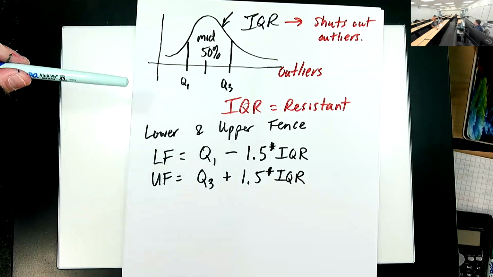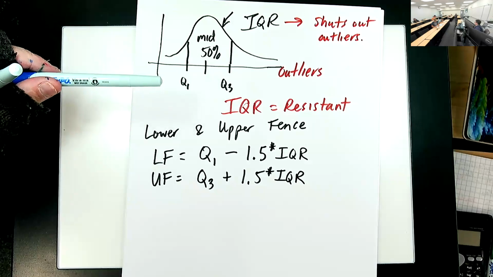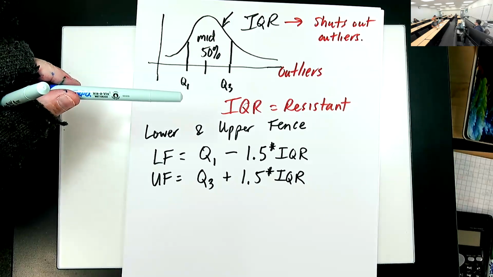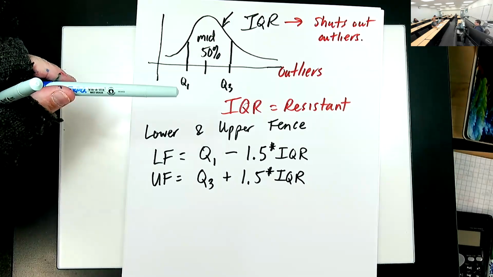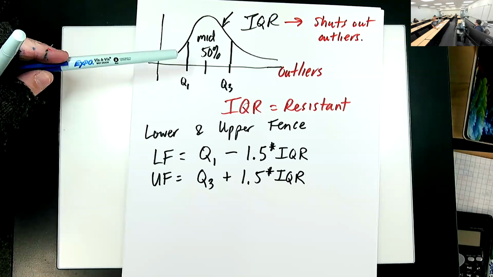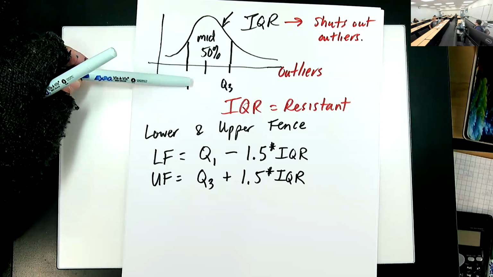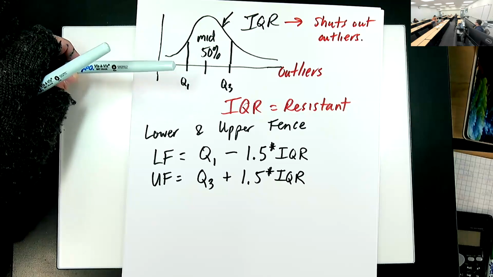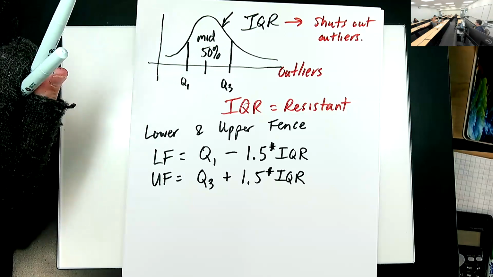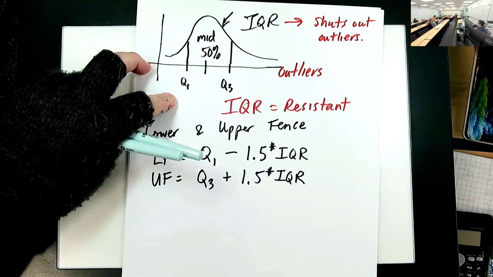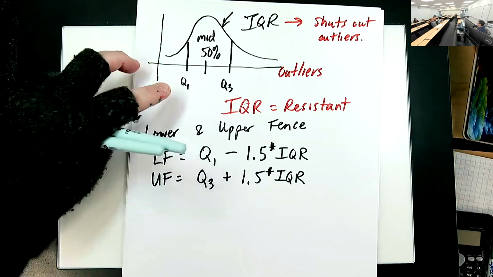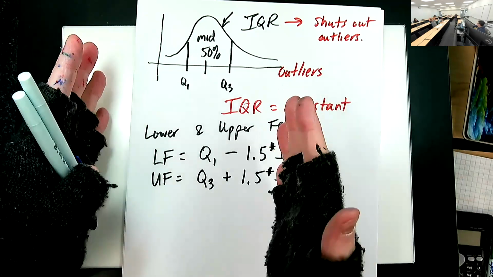You can actually find Q1 and Q3 by hand, but it requires you to sort them. The way you find Q1 and Q3 by hand is first you find the median, and then you know where the middle of the data is. For Q1, you ignore the top half of the data, and you just find the median again of the smaller side.